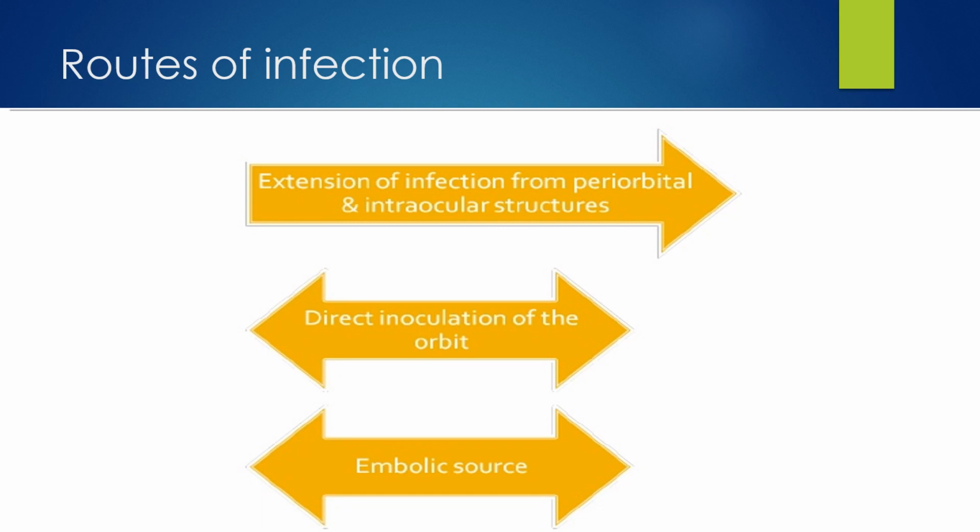The infection may spread from the periorbital or intraocular structures, or there may be direct inoculation of the bacteria into the orbit, usually during surgery or trauma. Mostly the hematogenous route may result in bacterial embolization, causing orbital cellulitis.